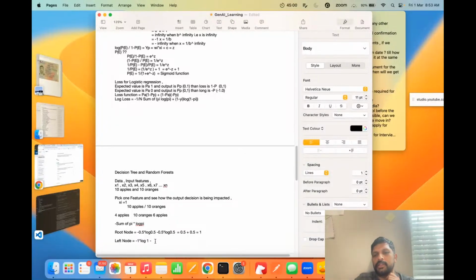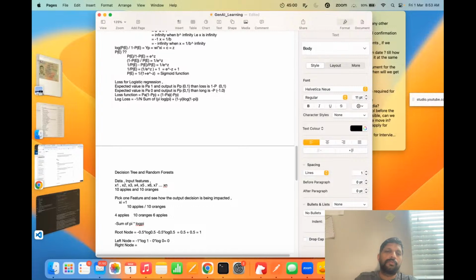So it becomes minus 0 into log 0. Log 0 is undefined, since no power of 2 becomes 0, but it's multiplied by 0, so that is not considered. And log 1 is 0, so 1 into 0 is 0. So overall the value is 0.